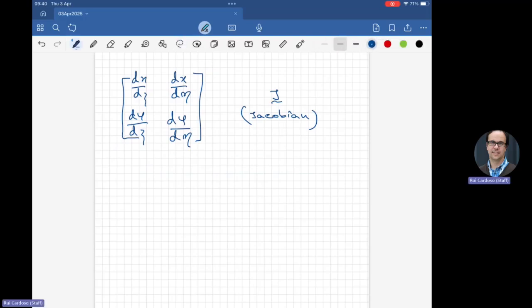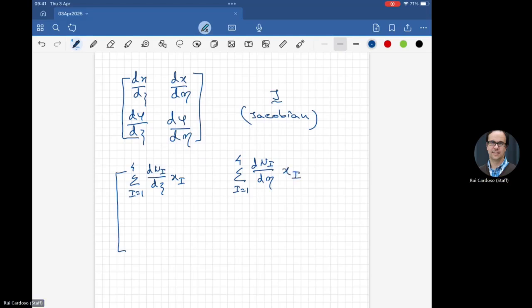This Jacobian is going to be, in the first row, the summation from 1 to 4 of the derivative of ni in order to c times xi. The second entry is going to be the summation from 1 to 4 of the derivative of the shape function in order to eta times xi.